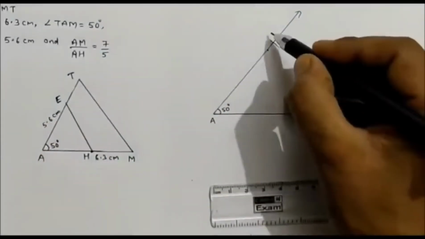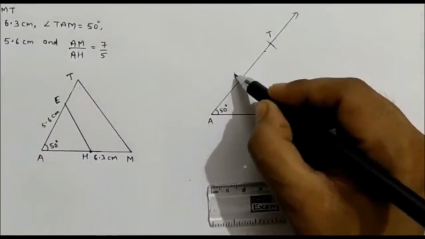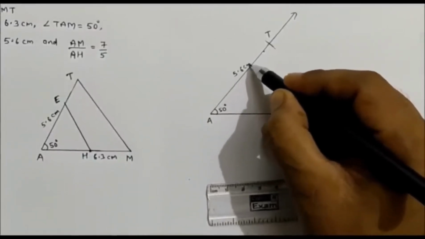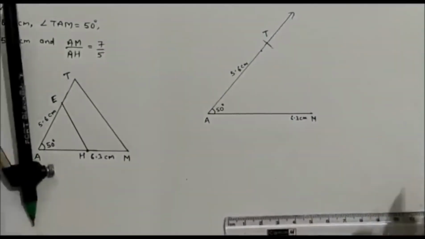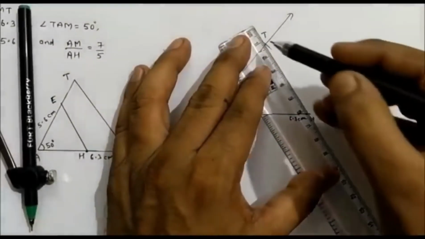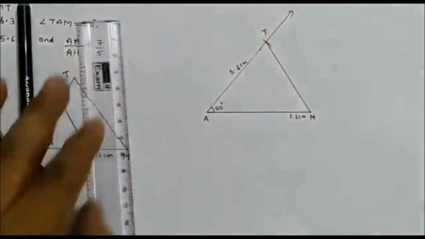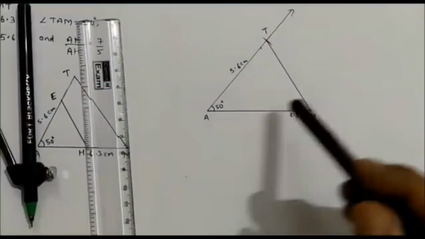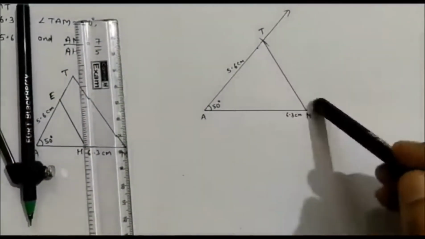Mark this as point T. This is 5.6. Students, join this after. So this is triangle AMT we have constructed.